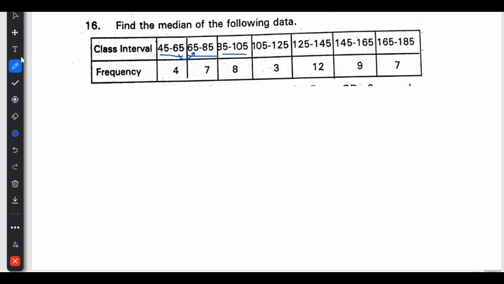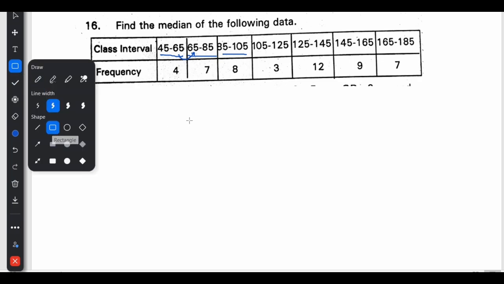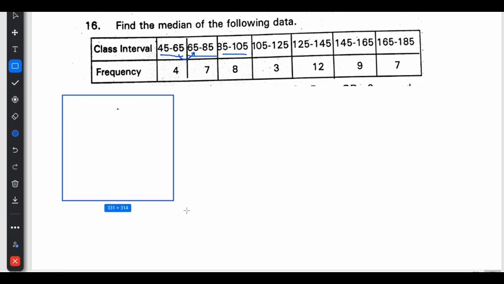Please remember that. Now I can draw the required table. We require 3 columns for this.